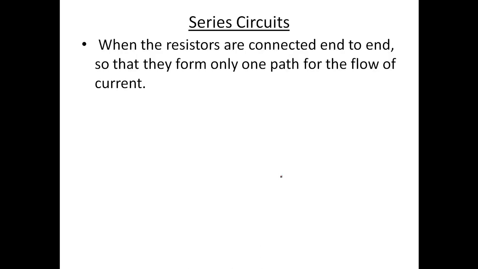So we start. First of all, what is a series circuit? When the resistors are connected end to end so that they form only one path for the flow of current, that is known as a series circuit. Let us analyze it in the form of a circuit.